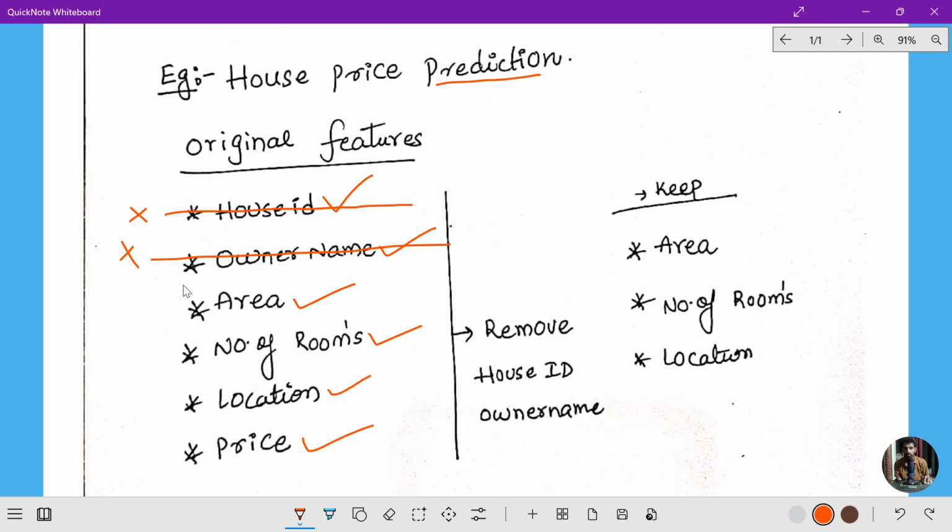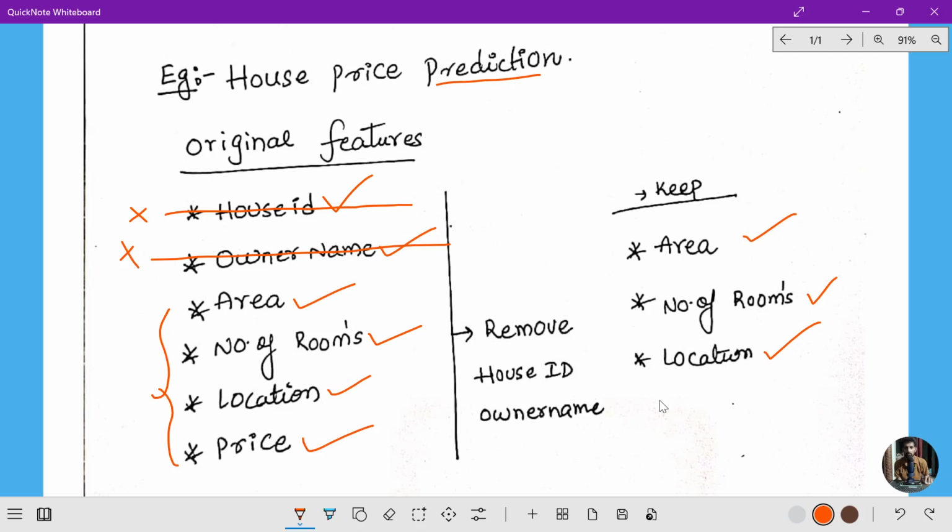But if you see, area is also important. Area means the size of the location. The second one is the number of rooms. This is also important. Location is also important, where it is located, and price. So these 4 are very very important. That's why out of 6 I will keep only these: the first one is the area, the second one is the number of rooms, and the third one is the location.